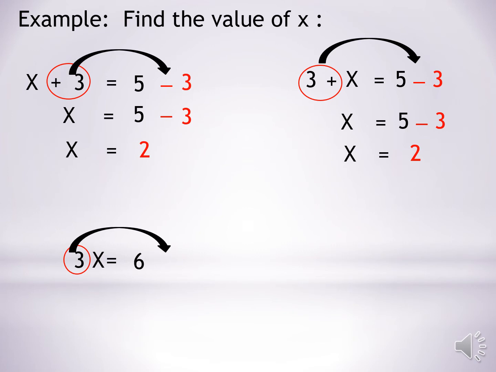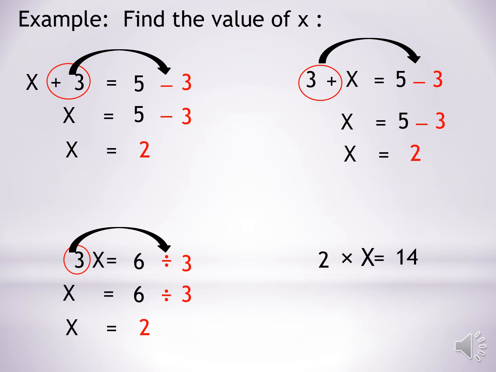So I will circle 3 and I will send it to the other side. We said that here I have a hidden multiplication, so in the other side it will be division. 6 divided by 3. So x now is equal to 6 divided by 3. 6 divided by 3 equals 2. So x equals 2.